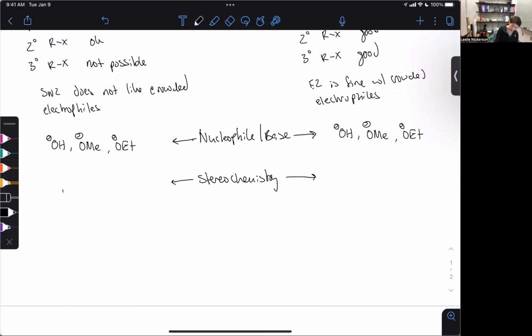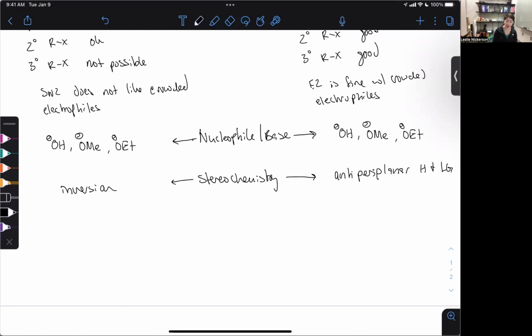So over on the SN2 side, we've got inversion. Over on the E2 side, we need to have anti-periplanar H and leaving group.